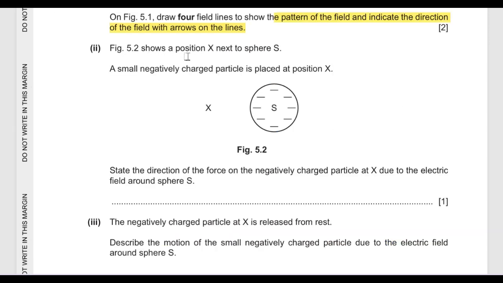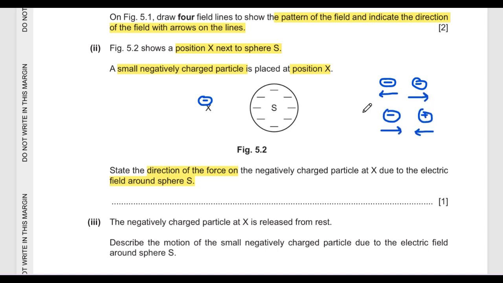Figure 5.2 shows a position X next to a sphere S. A small negatively charged particle is placed at position X. State the direction of force on the negatively charged particle X due to the electric field around the sphere. So this sphere has an electric field around it due to which it will exert a force on the negative charge placed at X. Both are negative, so they will repel each other.